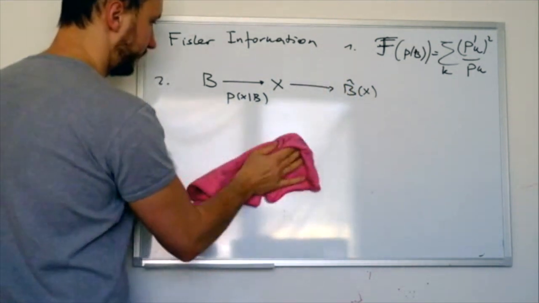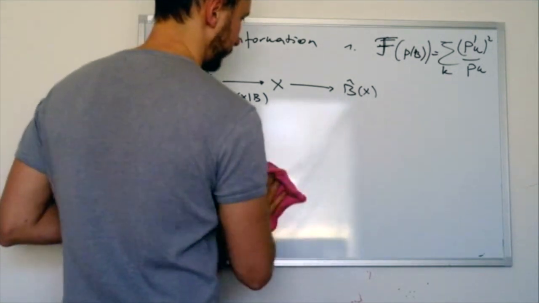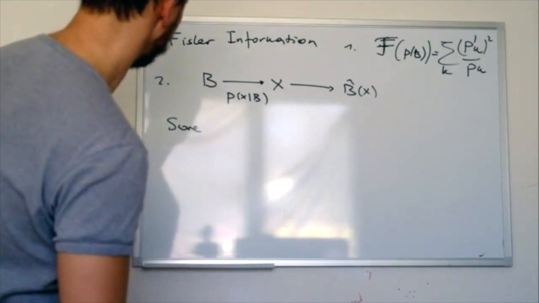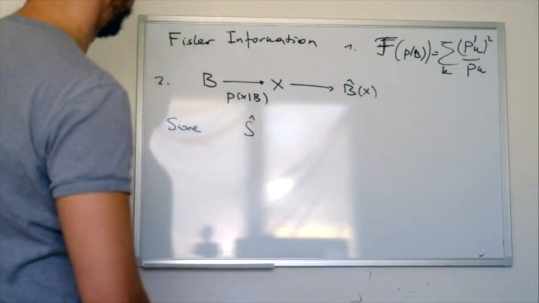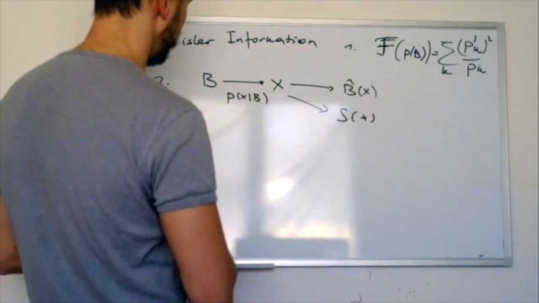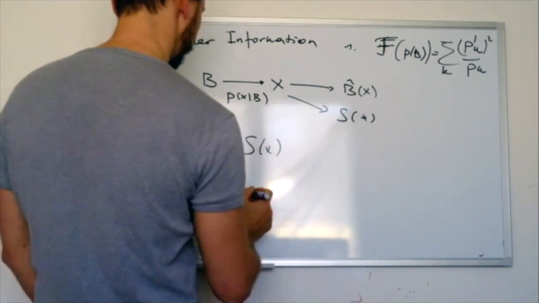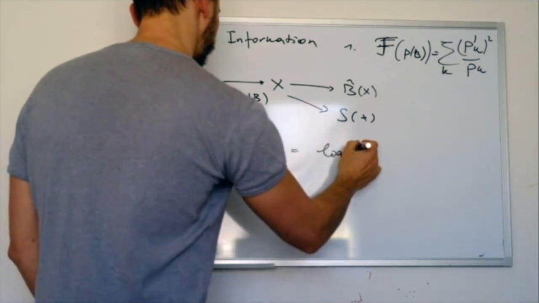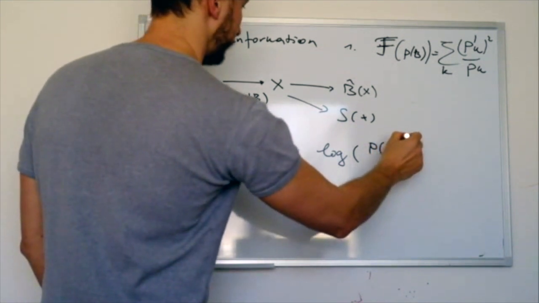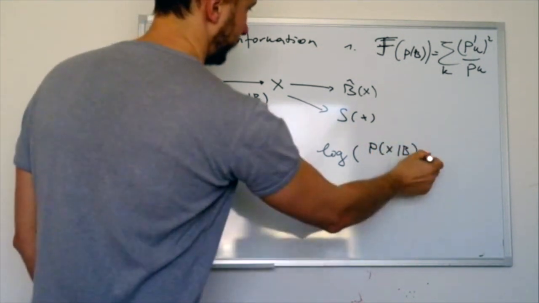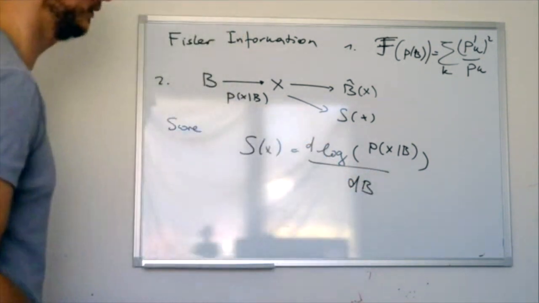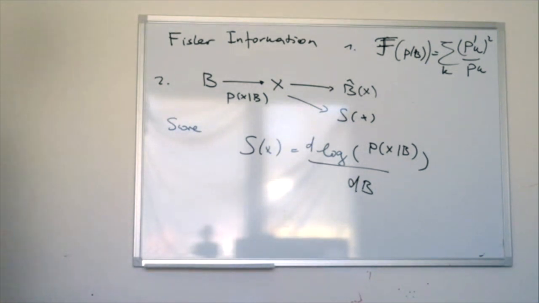So now we can define another random variable, which is the score. The score S is also a random variable, so now we have the score of x. It's a bit of a weird definition. The score of x is given by the derivative with respect to b of the log of p of x given b.